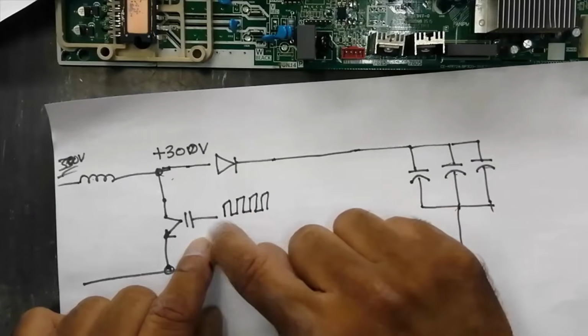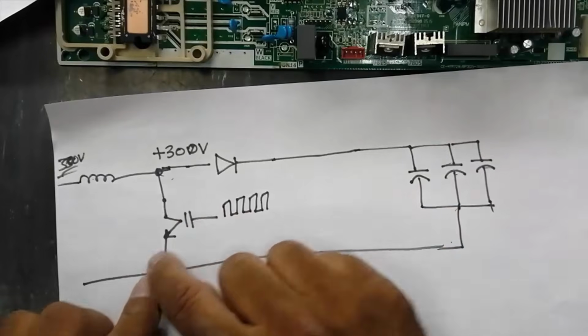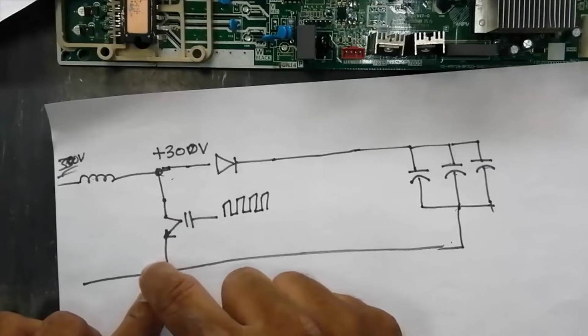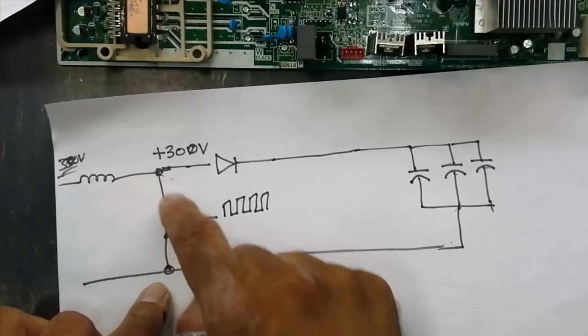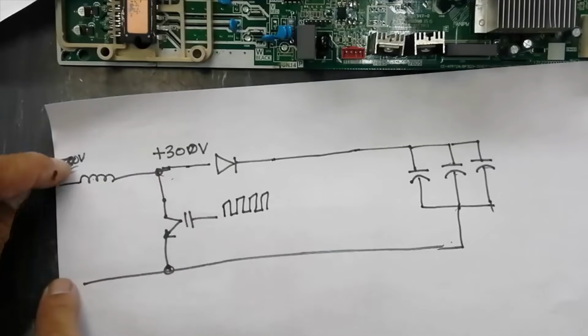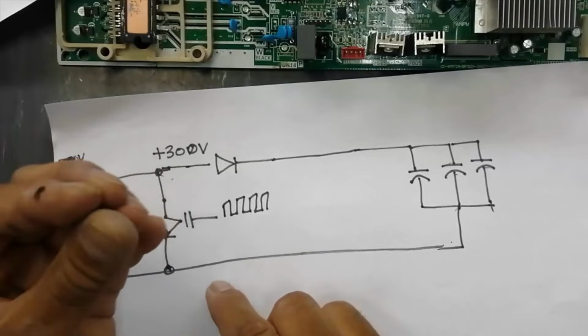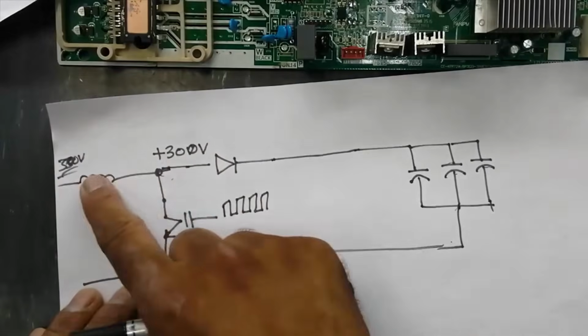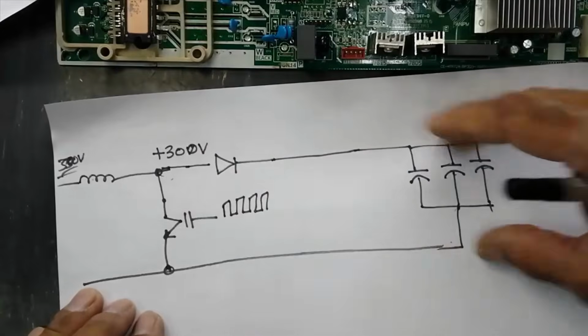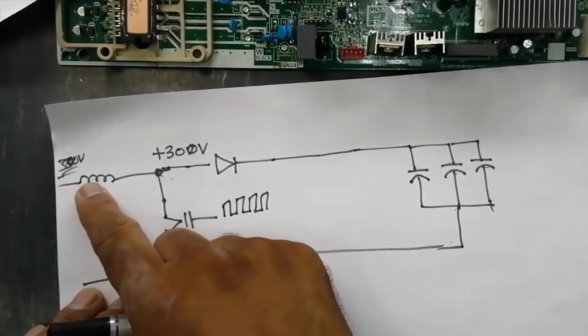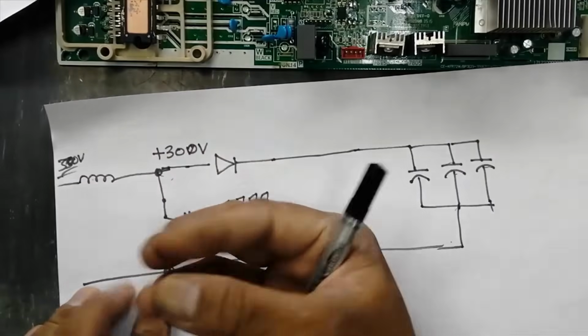The processor will send pulses, and these pulses will make a parallel path, because here we have positive and negative, and it will make a surge. When it makes a surge in parallel, because here is the load, it will induce a magnetic field.